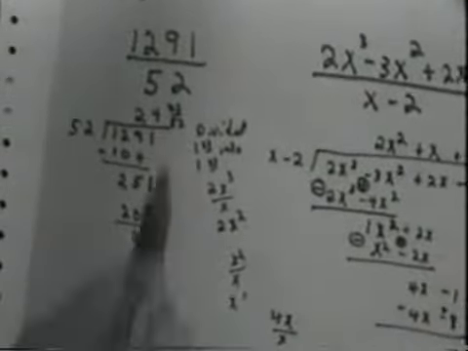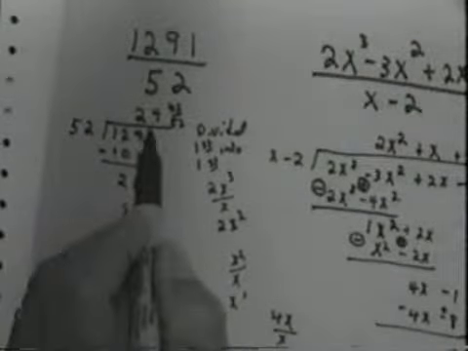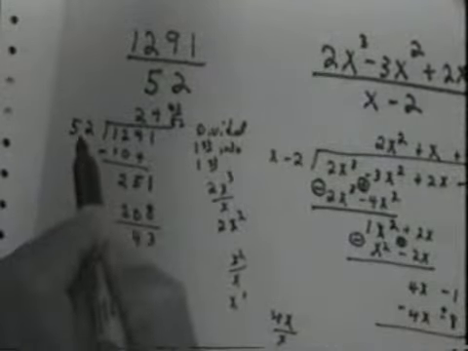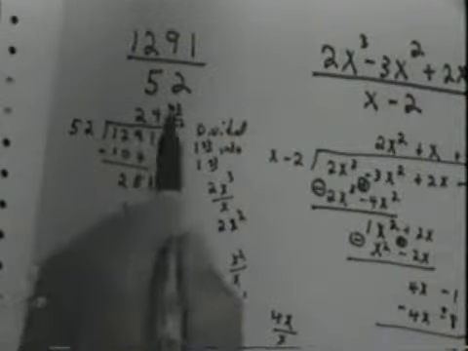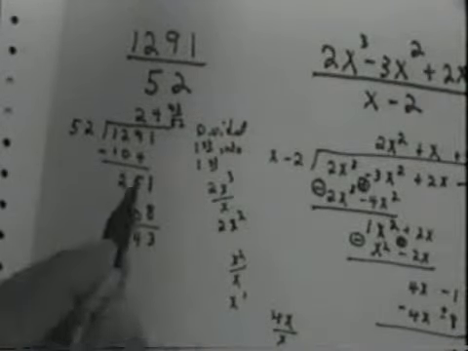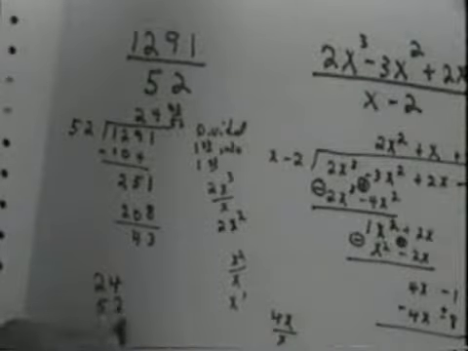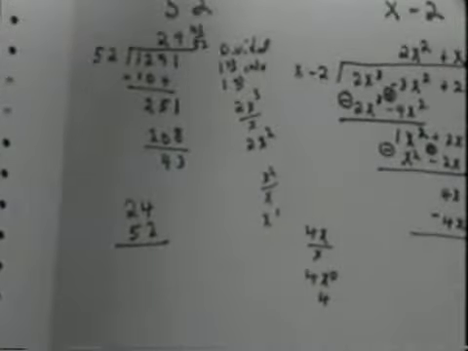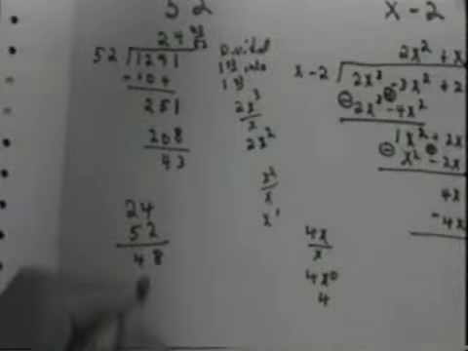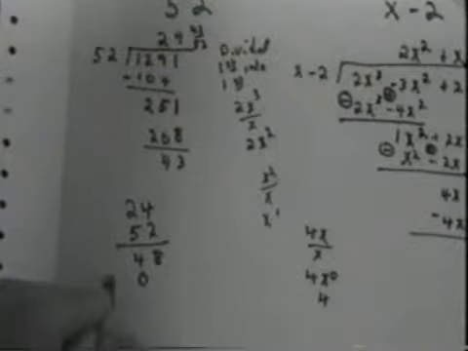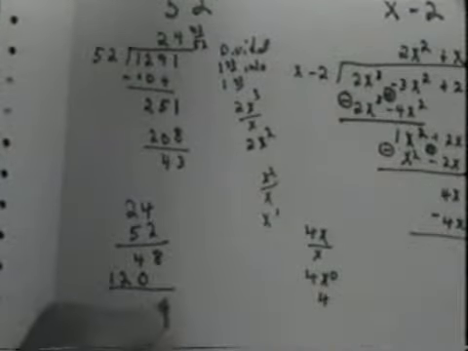Now one good thing about long division is you can check yourself. Well, let's remember how we check this type problem. We'd multiply the quotient times the divisor and add the remainder. Well, let's try that. Let's multiply 24 times 52. 4 times 2 is 8, 2 times 2 is 4, 5 times 4 is 20, 5 times 2 is 10, 1248.